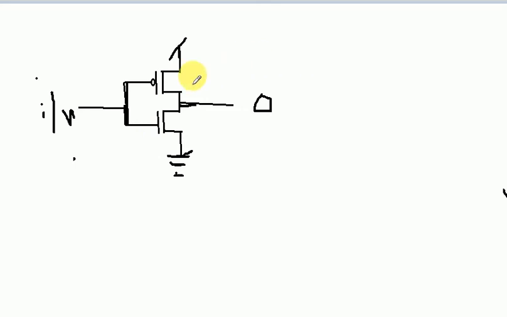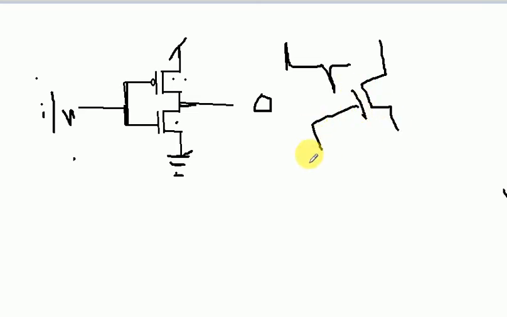And what will be that time? Yes, when PMOS is going from on to off, and NMOS is going from off to on. In that transition time, we can see small spikes at the output. But in the case of a single NMOS or PMOS, when this is on, there is a direct path from VCC to ground continuously.